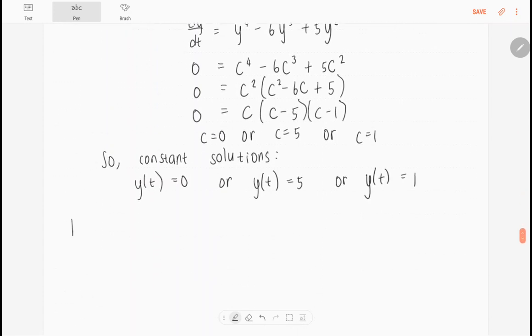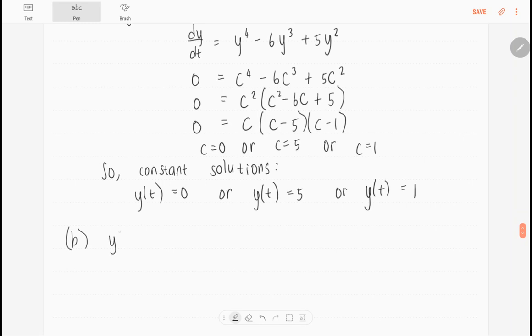So, I just want to know for which values of y is y to the 4 minus 6y cubed plus 5y squared greater than 0. So, we factorize it again in the same way. So, we have y squared multiplied by y minus 5 multiplied by y minus 1, which is greater than 0. So, this means that we just have to determine where this is actually true.